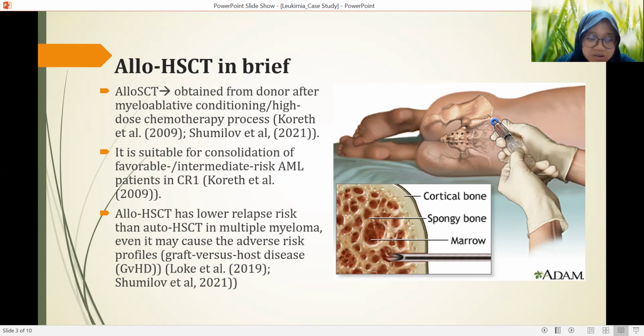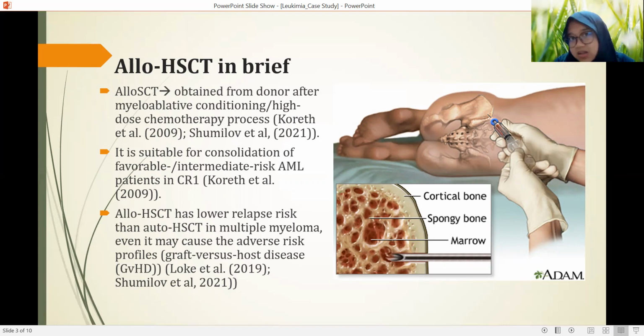Allo-HSCT has a lower relapse risk than auto-HSCT in multiple myeloma, even though it may cause adverse risk profiles. It means the graft versus host disease or GVHD. So allo-HSCT is the state-of-the-art method to cure leukemia, yet this method can cause adverse risk.